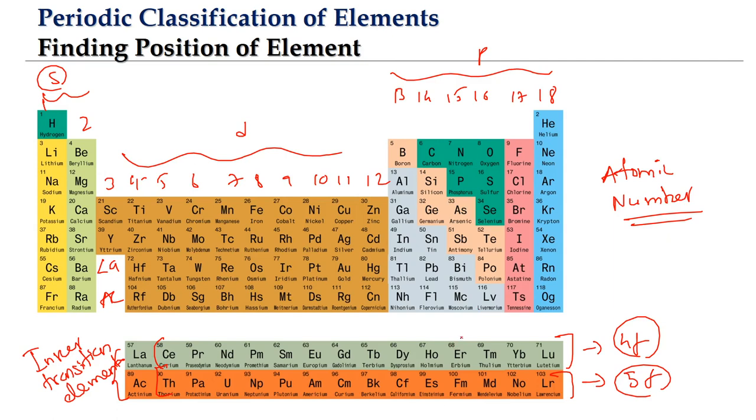For example, if it is an S block element, then we know it is a metal. It will have relatively high density, it will usually be in the solid state at room temperature, and it will have an affinity to lose electrons, a metallic nature, and things like that. So broadly we will be able to understand the characteristics of the element if we identify its position.